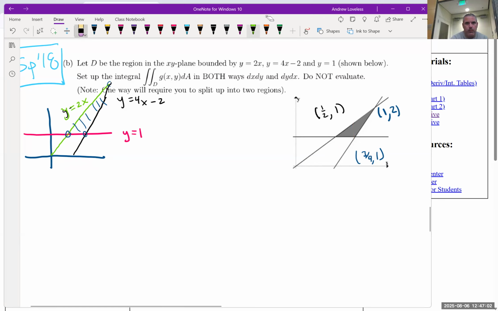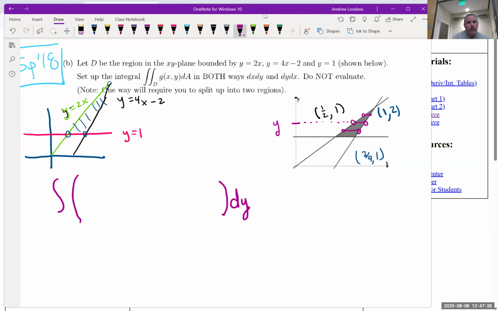If I have a choice, I would do it in terms of y. So one question is, what's the biggest and smallest y can be?